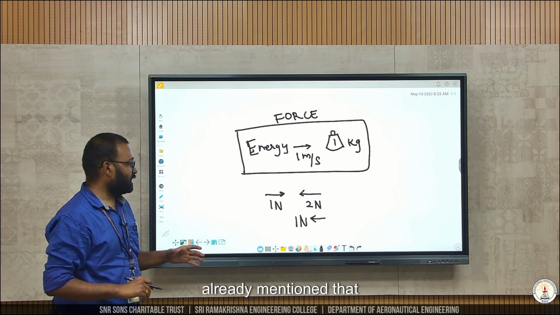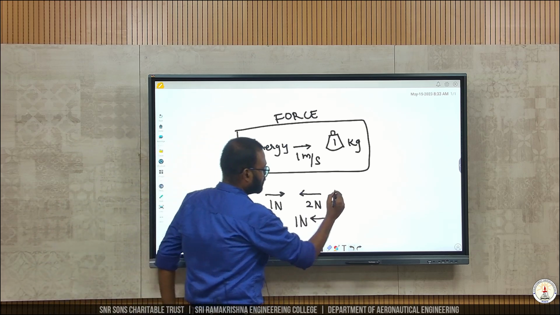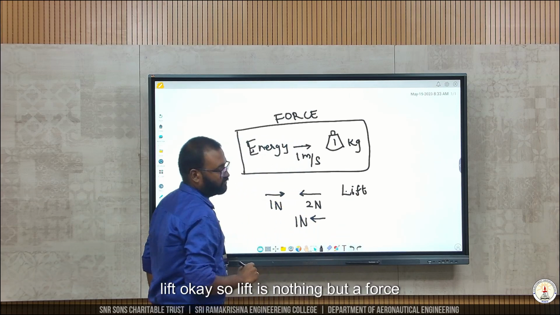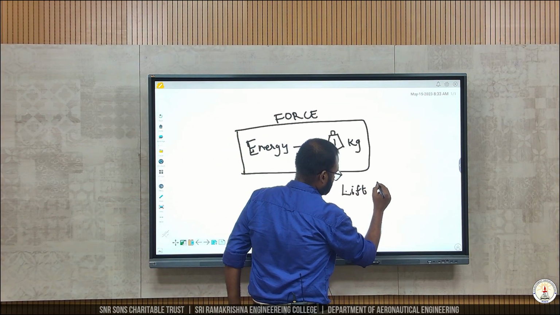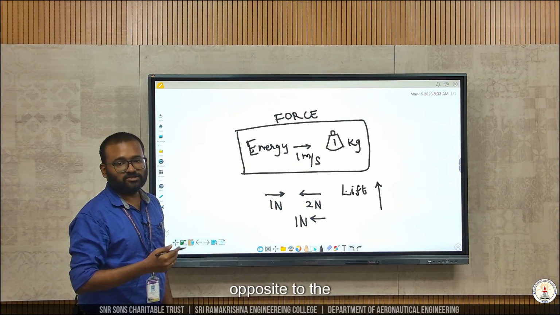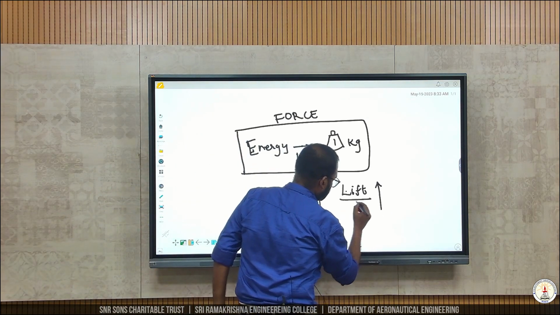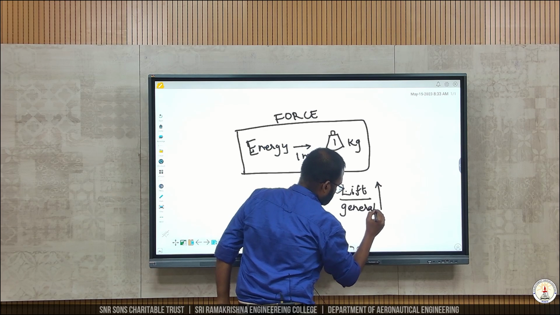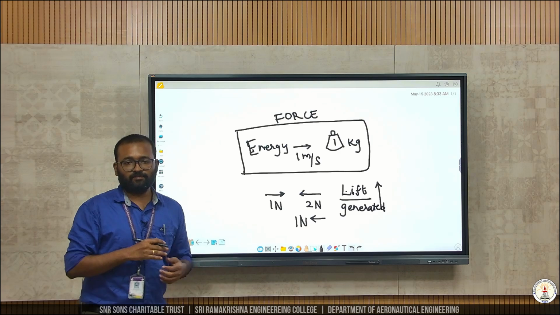I also already mentioned that lift is also a force. Lift is nothing but a force that acts in the direction opposite to gravity. This force is generated by spending some energy.